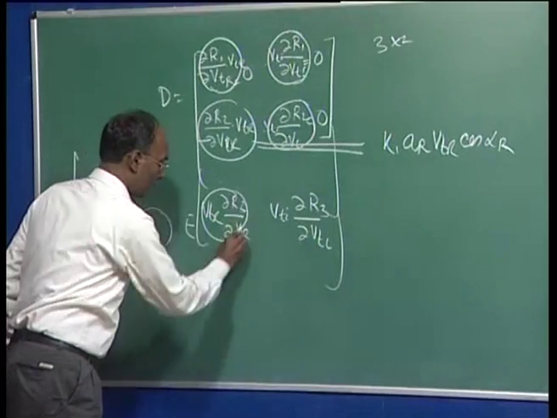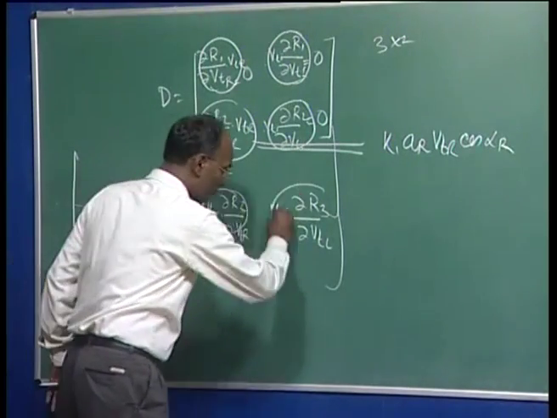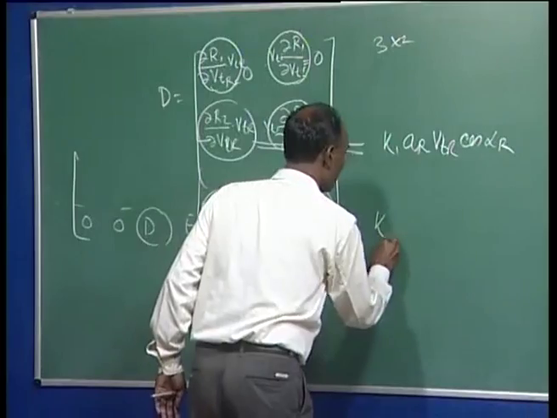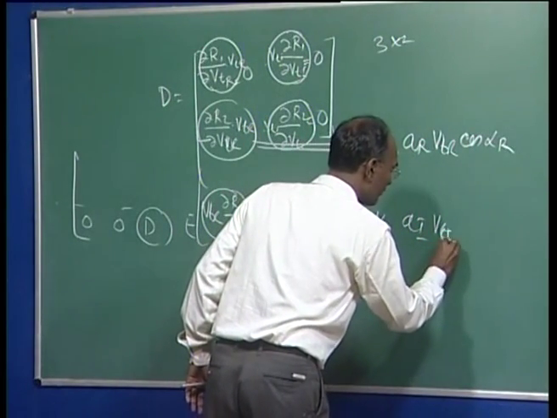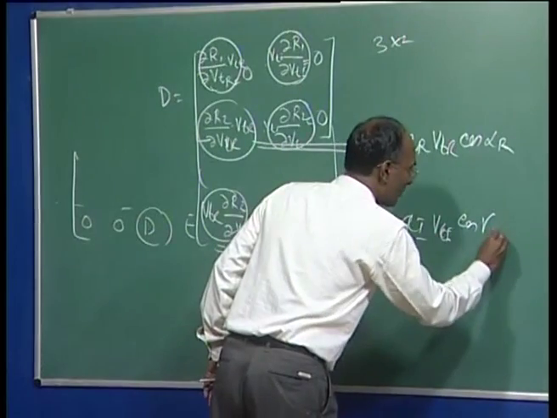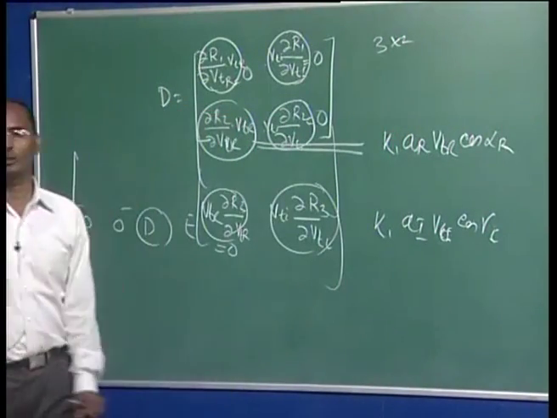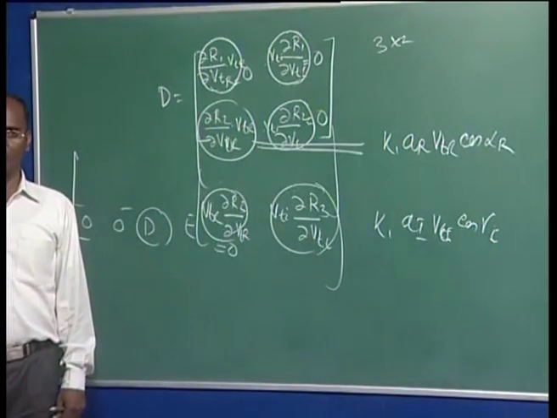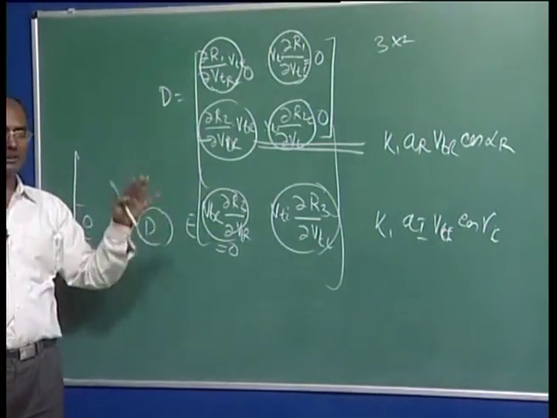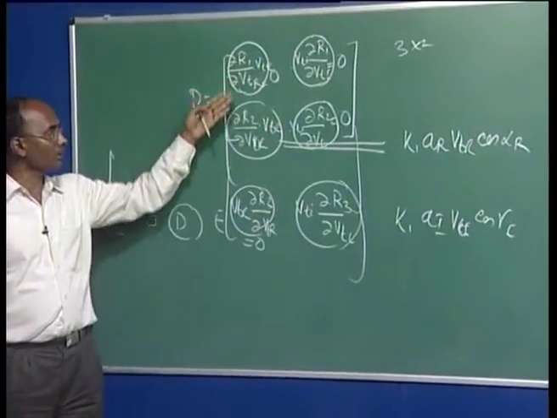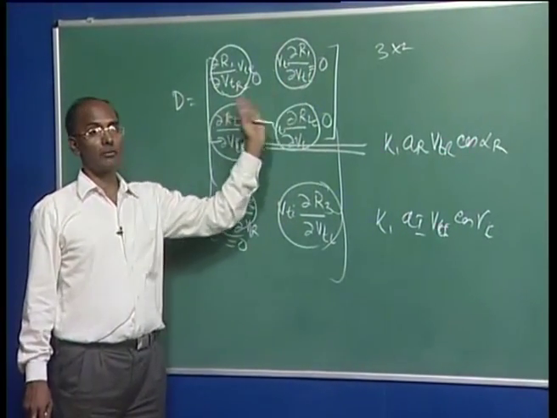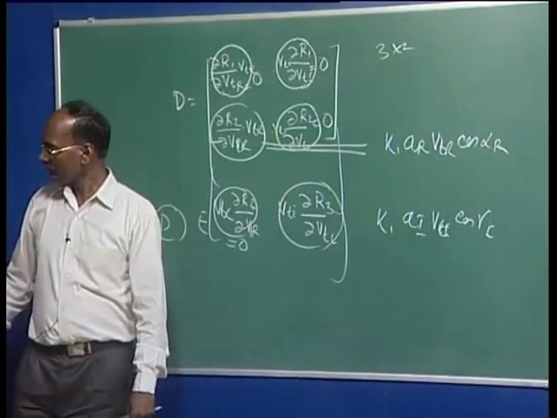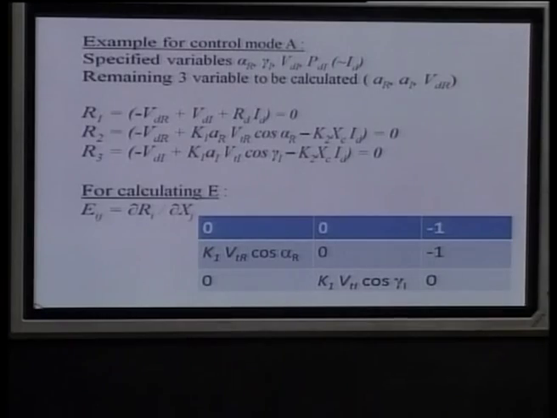So, I can say it is equal to 0, but this will have a value, and this is K1 AI Vti cos gamma I. So, this will be the value. What I did, I just wrote R1, R2, R3, these are the rows corresponding, and the variables here are Vtr and Vti. It is easier, no need to remember. So, this is your D.